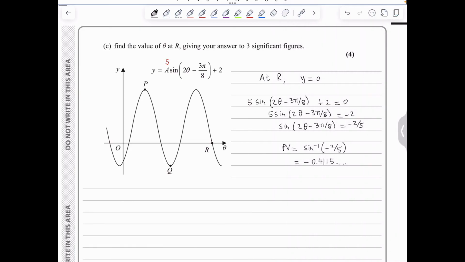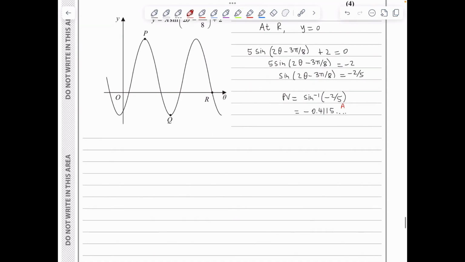So I've stored this on A, I make a note, and I proceed. When I'm solving a trigonometric equation involving sine, we know that one solution comes out of 2 theta minus 3 pi over 8 is equal to the PV plus 2 pi k, and the second solution is given by 2 theta minus 3 pi over 8 is equal to pi minus the PV of A plus 2 pi k.